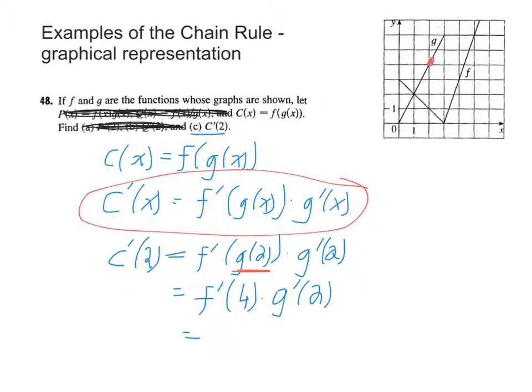F prime of 4 is the slope here. Looks like that's about up 3 over 1. The next number I need is g prime of 2. So I'm back at this point again, but this time I want the slope there. This one looks like I have to go about up 2 over 1, or 2. So this derivative is 6.